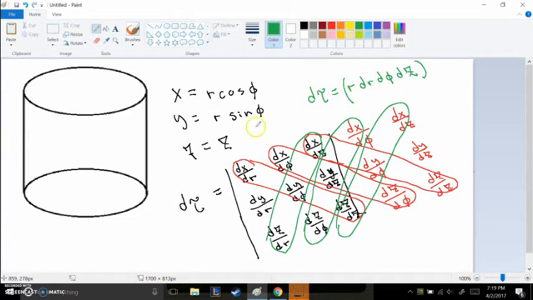throughout the volume of the cylinder, you're going to have to apply this when you're performing certain calculations, like, for example, integrals.